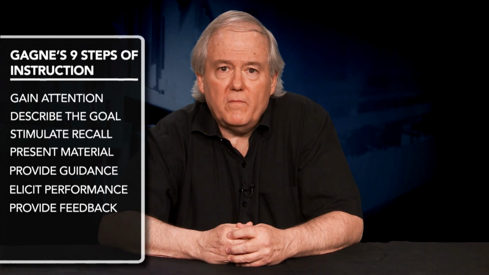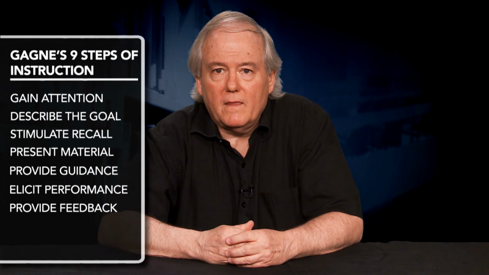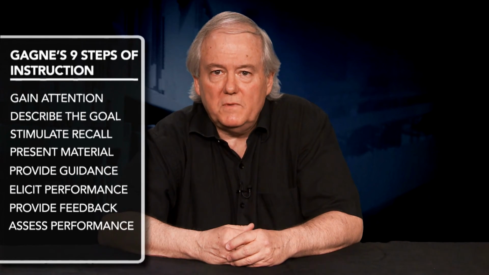Practice skills or apply knowledge, at least. Number 7, provide informative feedback. Show correctness of the trainee's response. Analyze the learner's behavior. Maybe present a good step-by-step solution to the problem. Number 8, assess performance, if the lesson has been learned. Also give sometimes general progress information.